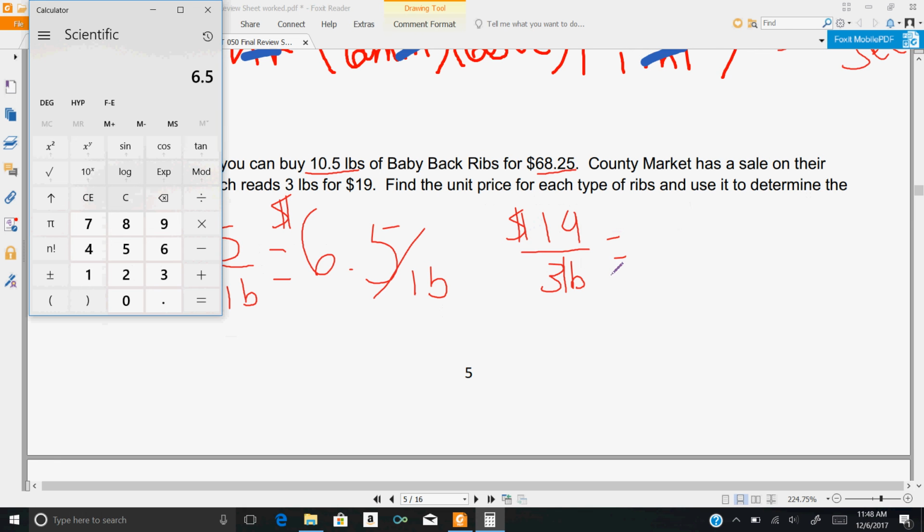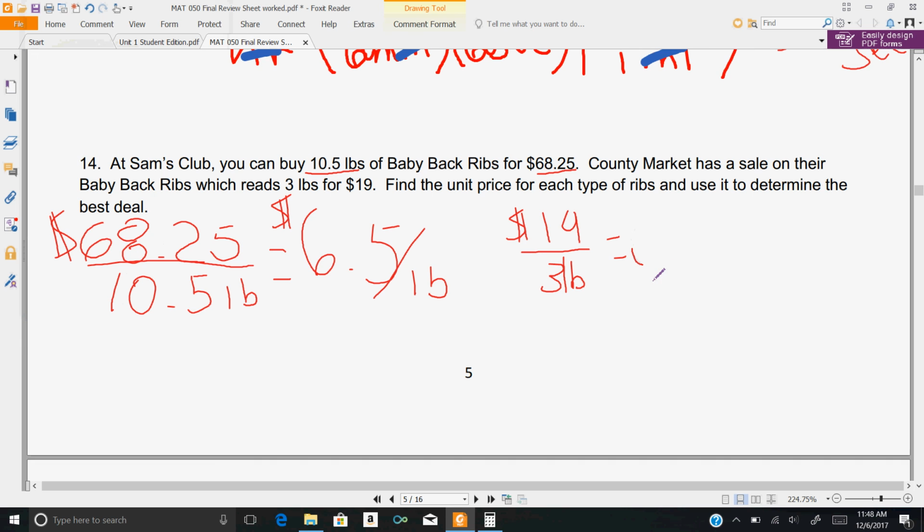And so once again, take my $19, divide by 3 pounds. I'll get 6.33. And I'm going to round it to 2 places because that's how money works. 6.33 dollars per pound.